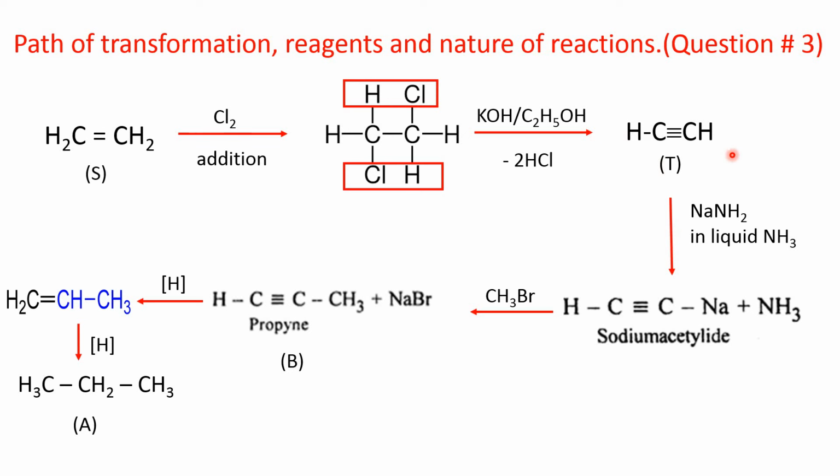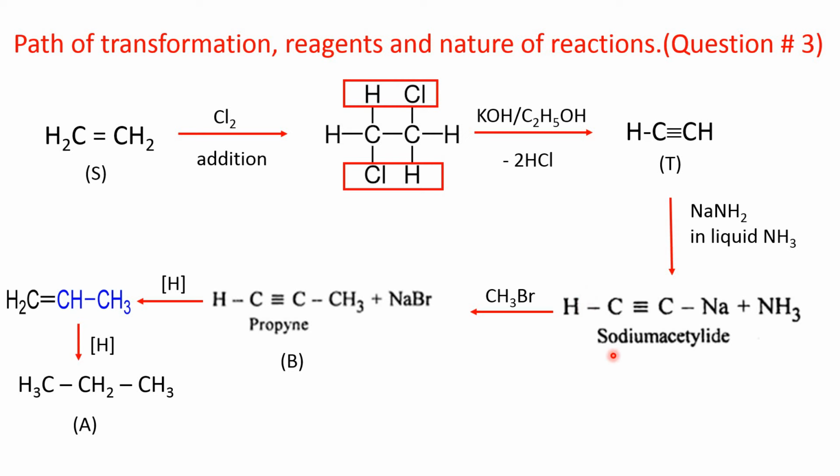And as usual, as I told you, ethyne or acetylene or any terminal alkyne, this hydrogen atom attached to the triple bonded carbon atom is acidic, that means it can be replaced by metal ion. So when it is treated with sodamide in liquid ammonia, then the sodium acetylide is formed.